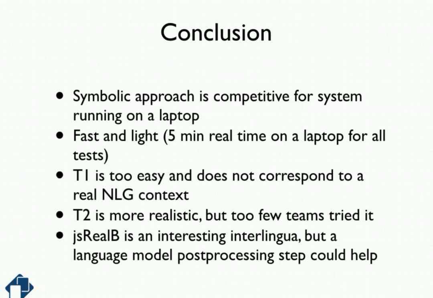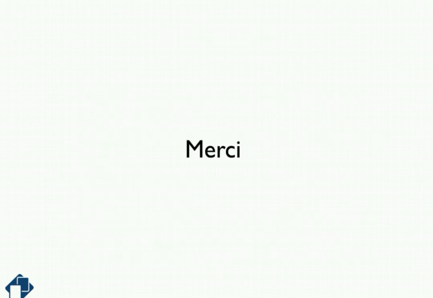T2 is more realistic, but very few teams tried it. And I think that our GSRealB is an interesting interlingua, but of course a statistical language model post-processing would help greatly. So, merci beaucoup.